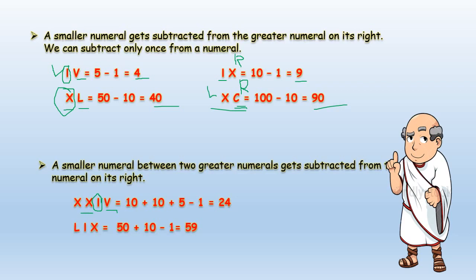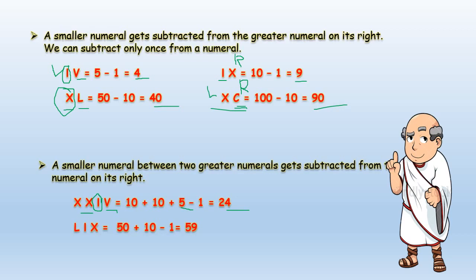So which number is on the right hand side? 5 is on the right hand side. So we will subtract 1 from 5. So 10 plus 10 is 20, plus 5 is 25, minus 1 is 24. So 24 is the value of XXIV.